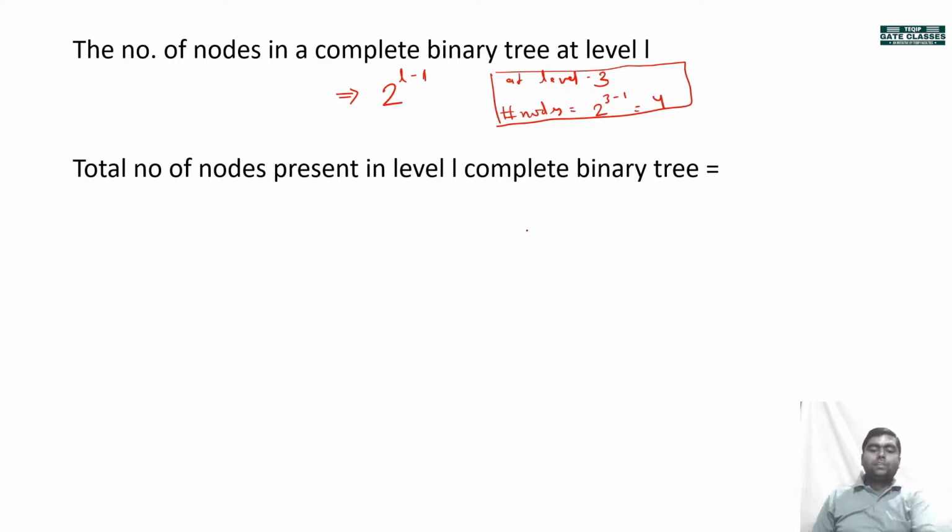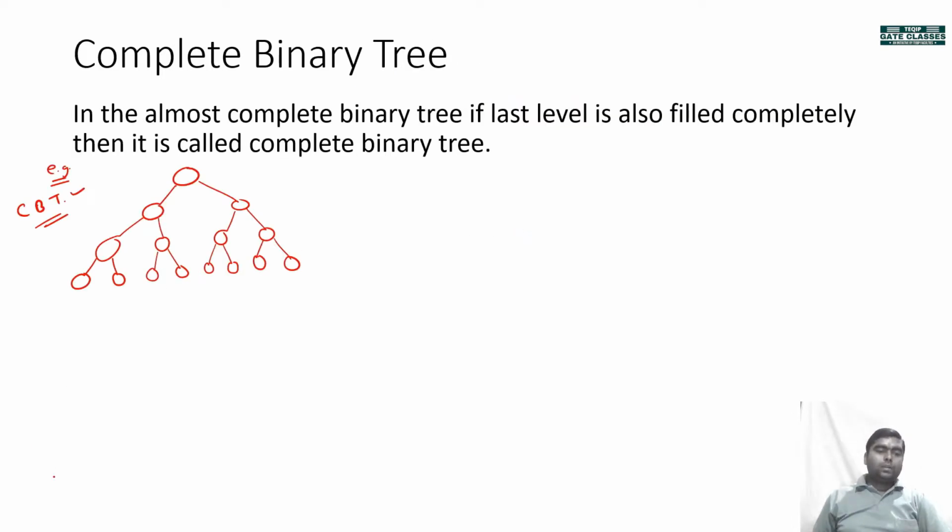Let us check. I'm going to label this particular tree: this is level 1, this is level 2, this is level 3, and this is level 4.